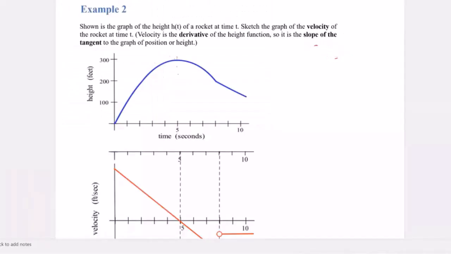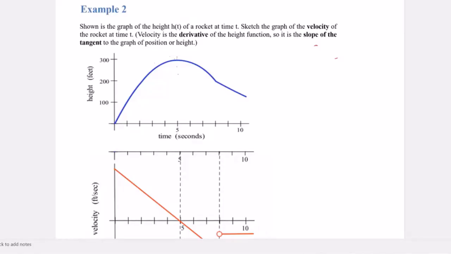So here we have an example, example 2, and it says shown is the graph of the height of a rocket at time t, in seconds. This rocket is going up and it's rising at a certain rate. Sketch the graph of the velocity of the rocket at time t, where the velocity is the derivative of the height function, right?